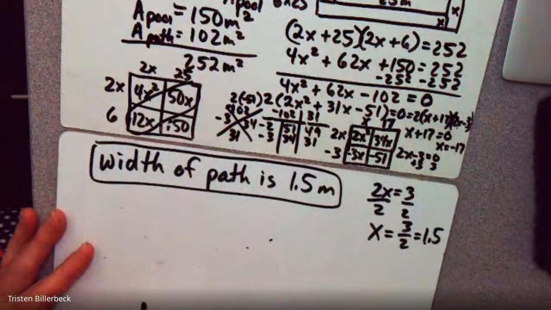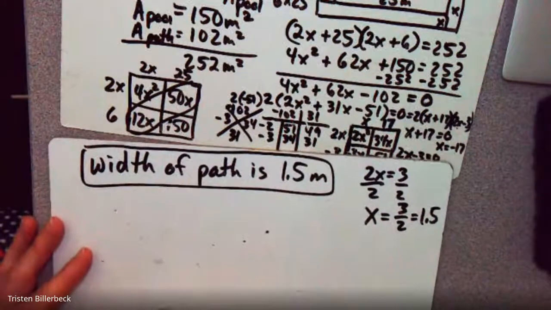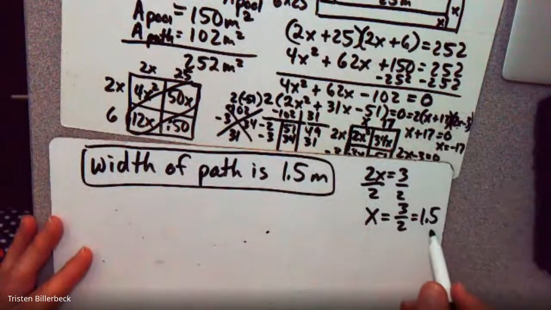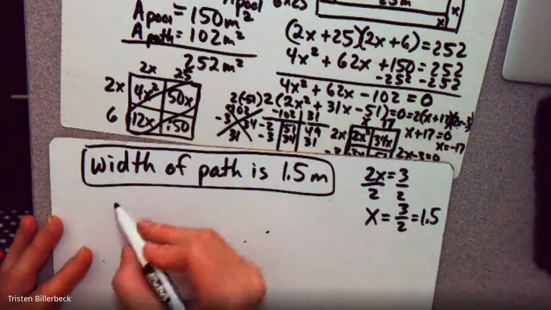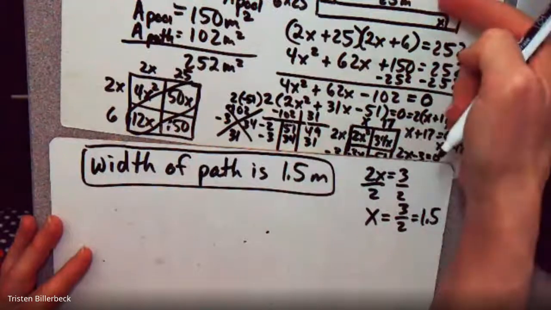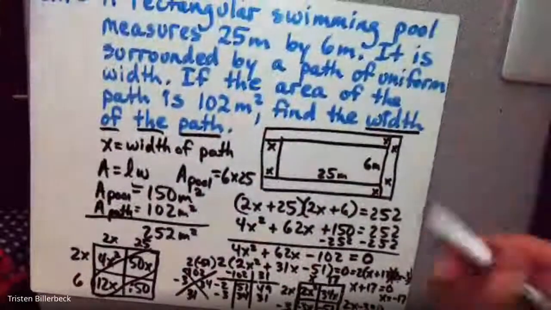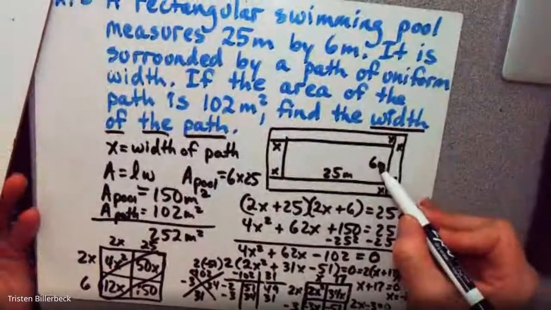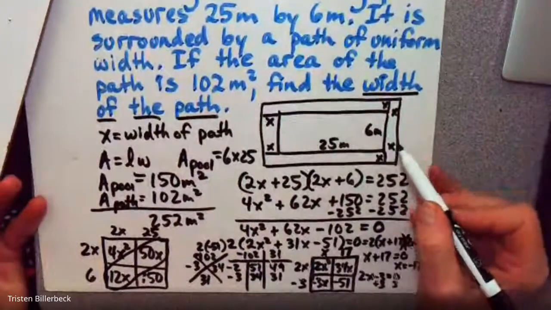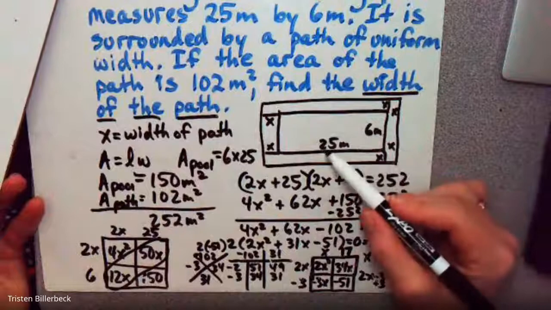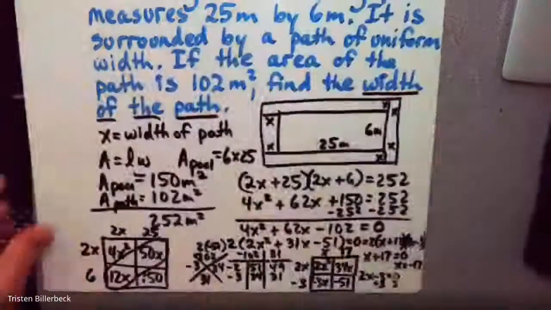Okay, so if we check that, 1.5 times 2 is 3. So if we go back to our original drawing here, 6 plus 3 is 9, 25 plus 3 is 28.